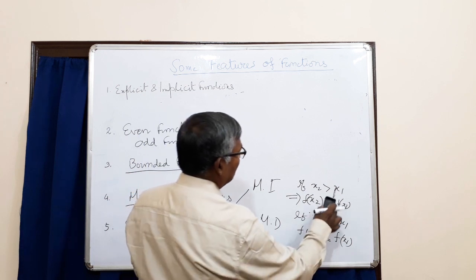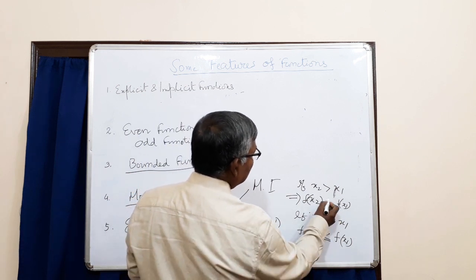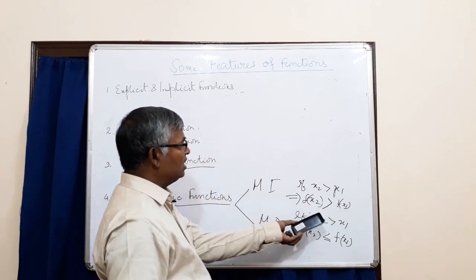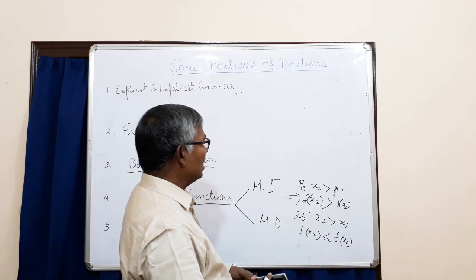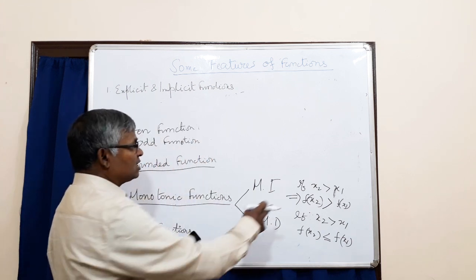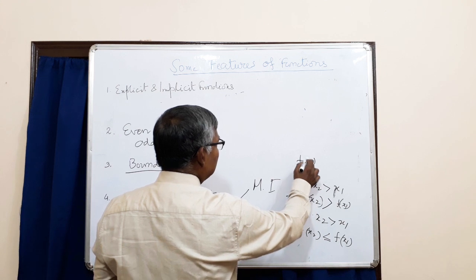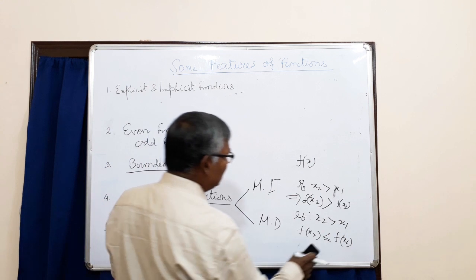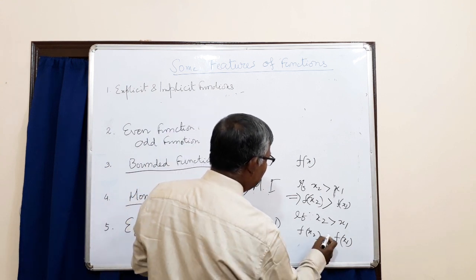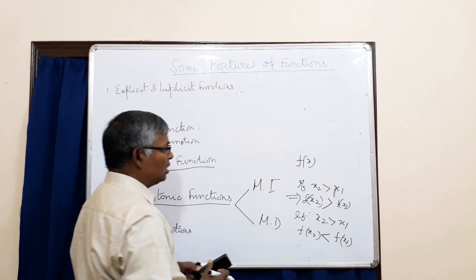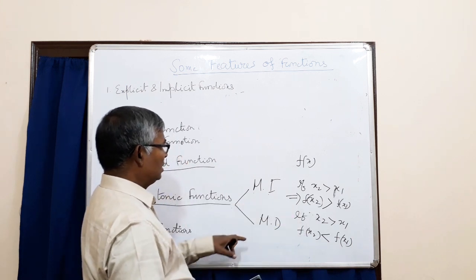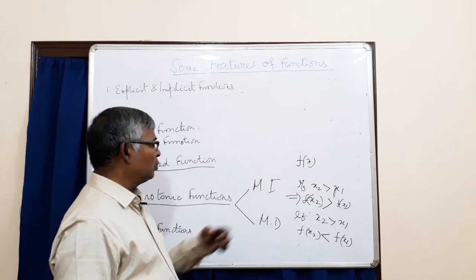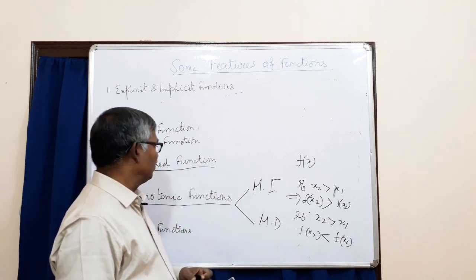Now see, whenever it is not equal to, only strictly greater than, so whenever f of x2 is strictly greater than f of x1, then f of x is called strictly monotonic increasing function. And similarly, f of x2 less than f of x1 whenever x2 greater than x1, then we say the function is strictly monotonically decreasing.